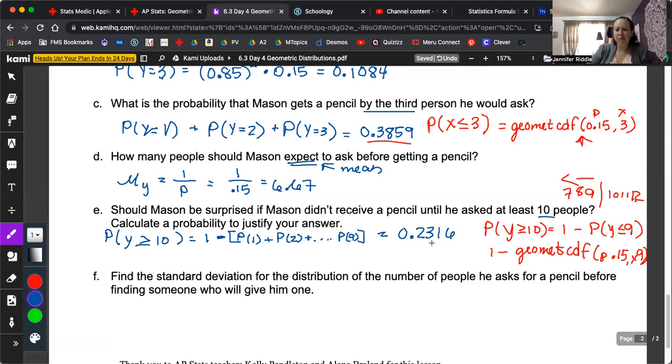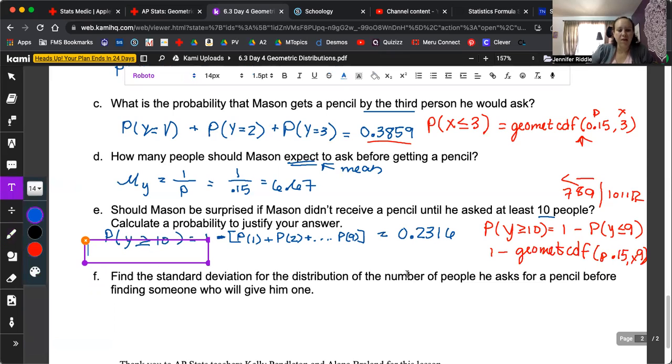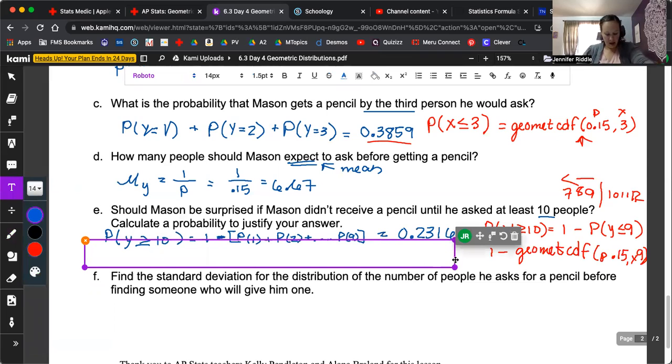Well, I have a 23% chance of it happening. So ultimately, I'm going to say no, it's not surprising, because it's greater than that 5%. So we can say no, 0.2316 is not that unlikely to occur. You shouldn't be surprised about it.